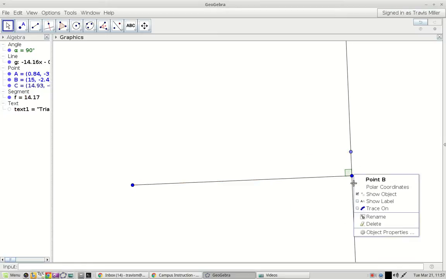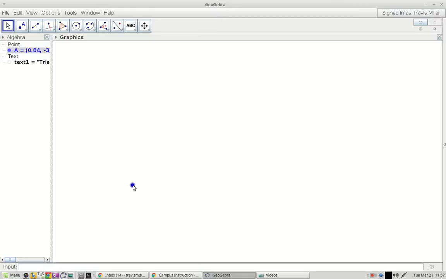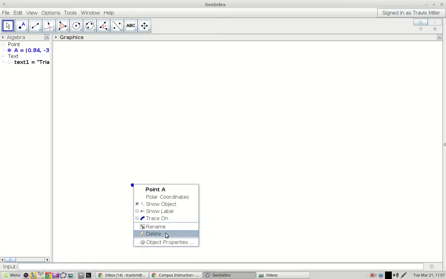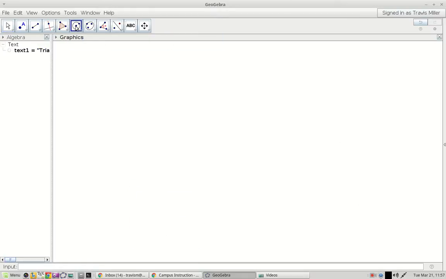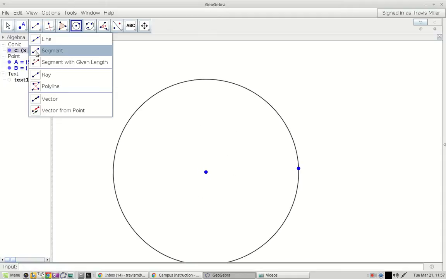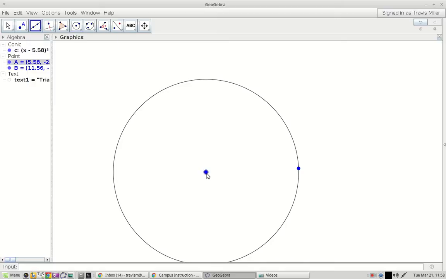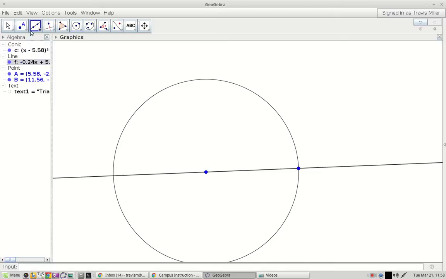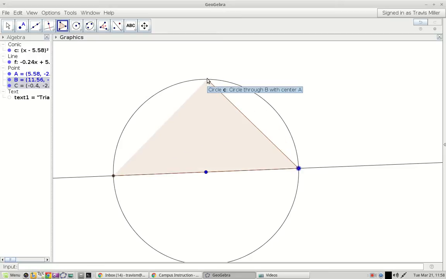Another way, which I think is a little bit more aesthetically pleasing, is to create a circle, create a diameter, which is the connection of 2 radii on the same line, and then create a triangle where one of the sides lands on the circle.